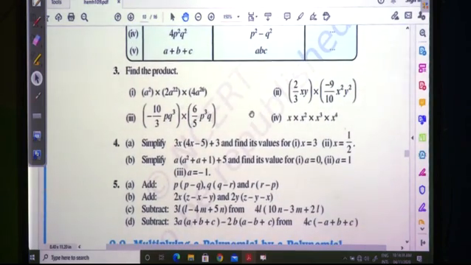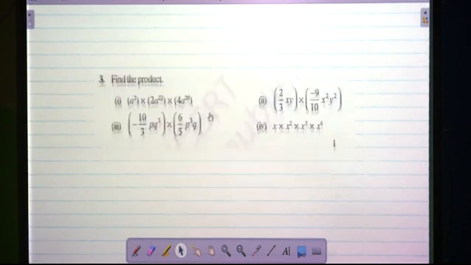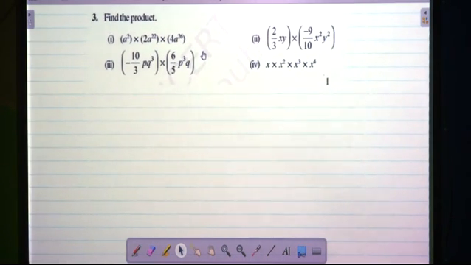Find the product. What is the next question? Find the product, and the sums are given here. What is the first sum?